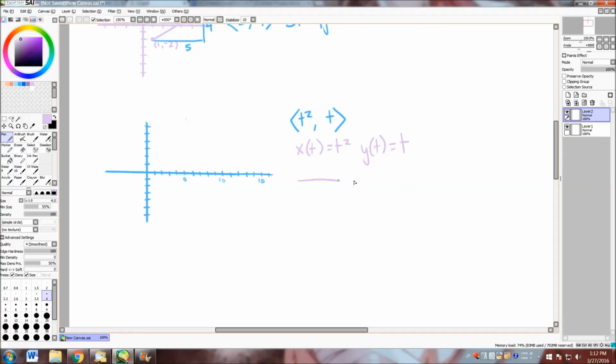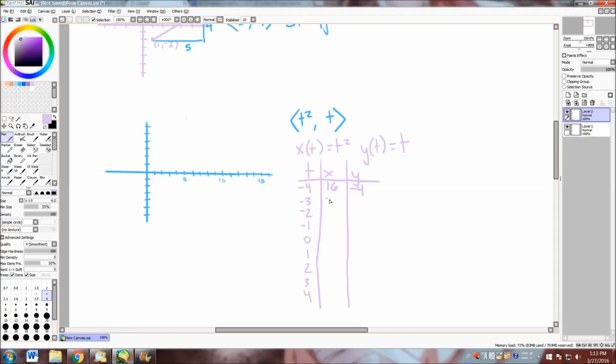Let's make a little table: t, x, and y. Let's start at -4, then -3, -2, -1, 0, 1, 2, 3, 4. At -4, x will equal 16, y will equal -4.